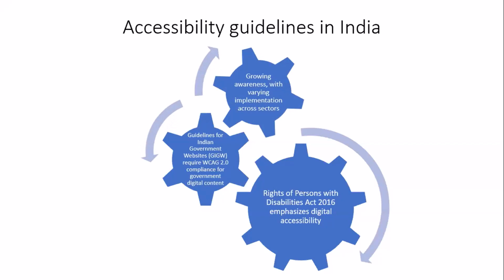There is growing awareness with implementation across sectors. So even in the US or in India, the government websites should definitely have these compliances, because various kinds of people will be accessing those documents.